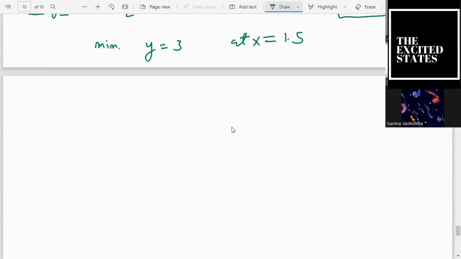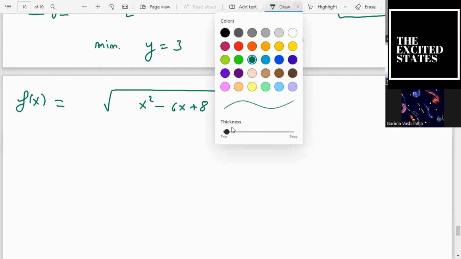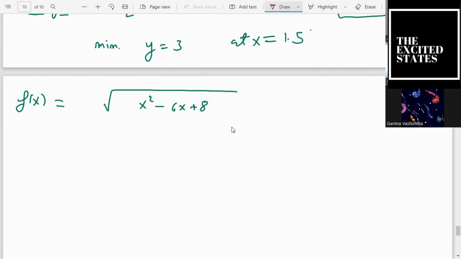Let me give you one more example. f of x is equal to the square root of, let's suppose, x square minus 6x plus 8. We have to find the domain of this function. That means what is inside the square root must be positive or 0, but not less than 0.